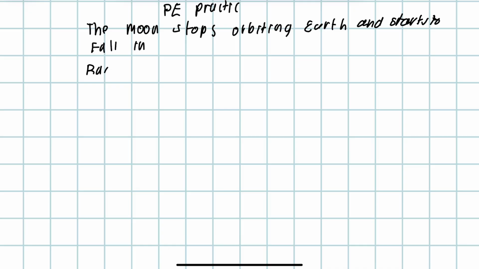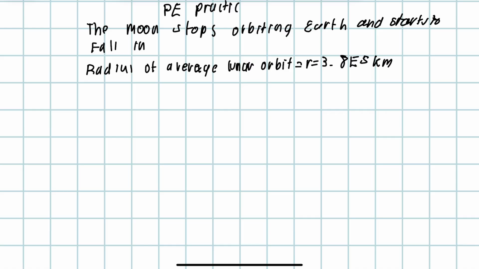The radius of the average lunar orbit is R equal to 3.8 E5 kilometers, the mass of the Earth is 5.97 E 24 kilograms, and the mass of the moon is 7.35 E 22 kilograms.